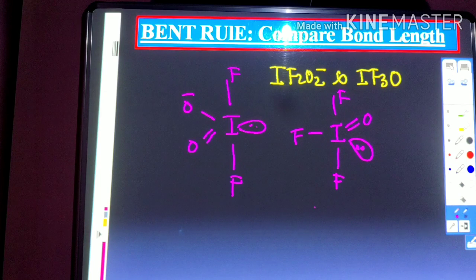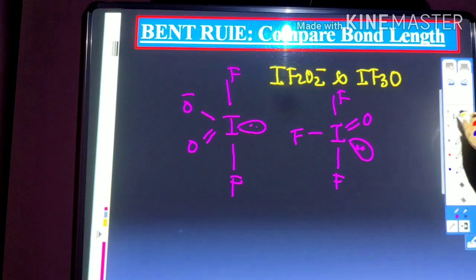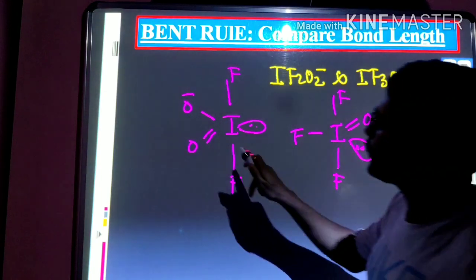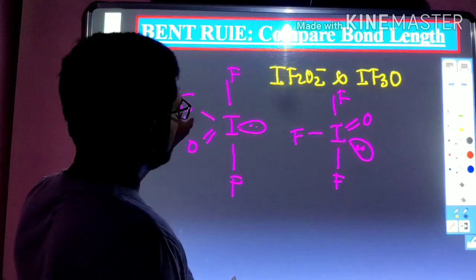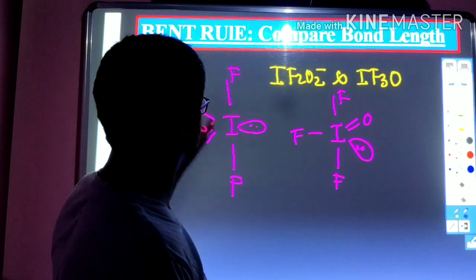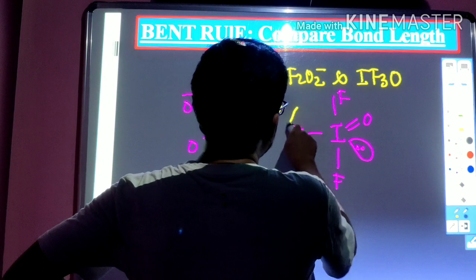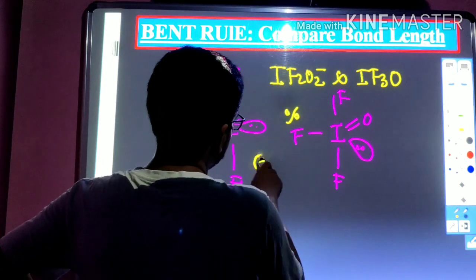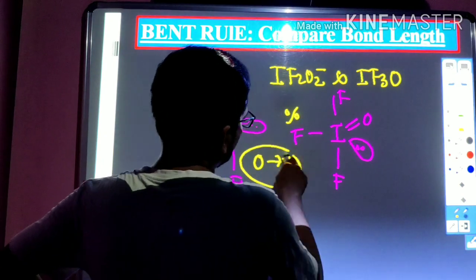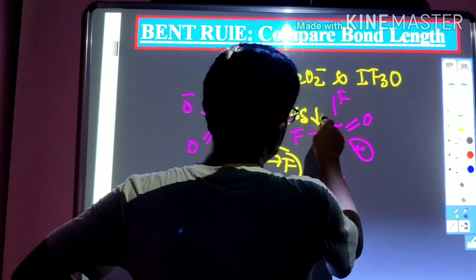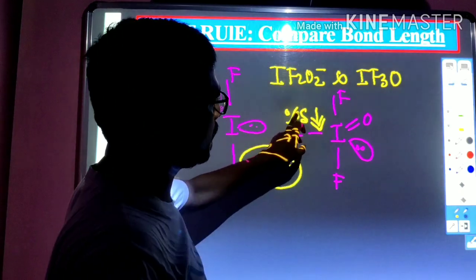Now you just look very carefully. Here, what we did, like oxygen replaced by fluorine. So here percentage of S character decreases.